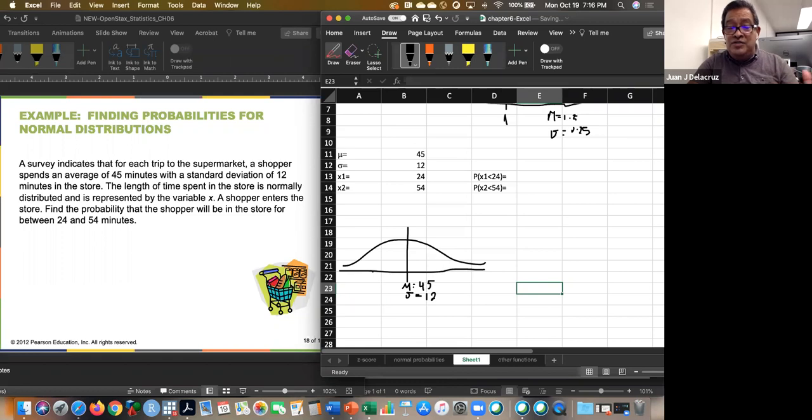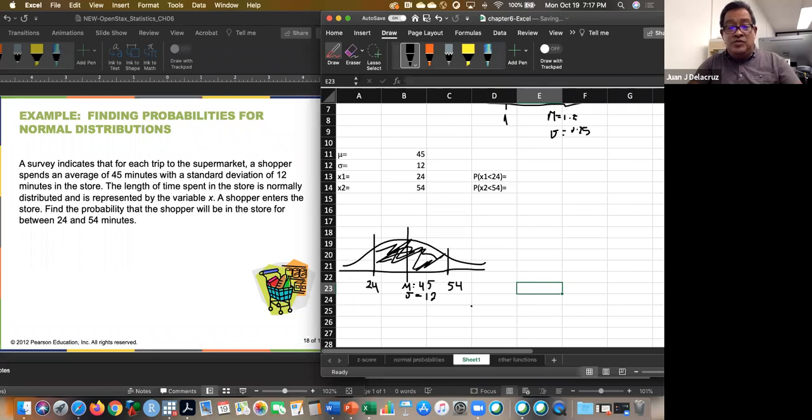Of course, 24 is to the left of 45. So this is 24. And the other critical value is 54, right? So what is the likelihood that this shopper is going to be in my store between 24 and 54 minutes, right? So I'm going to find the area under this curve.